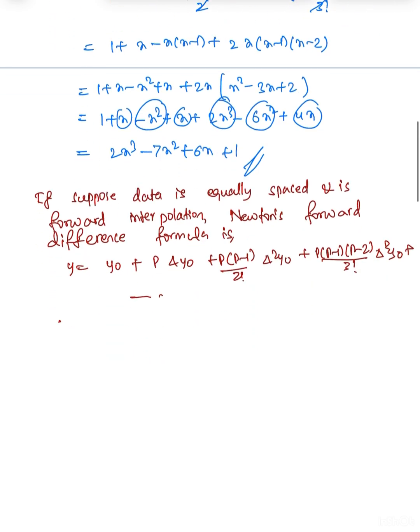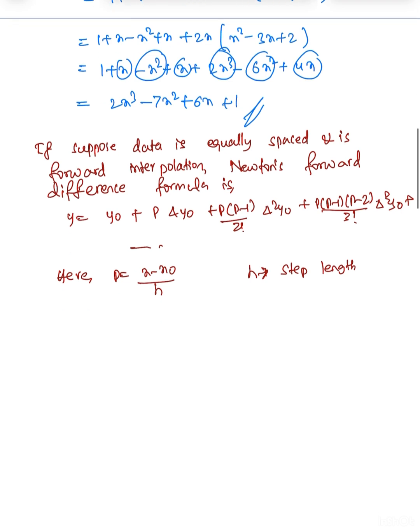Here for forward interpolation p is equal to x minus x naught by h, where h is the step length, which is obtained from the given data. How the x values are spaced gives the step length.